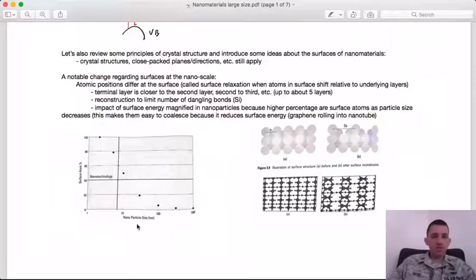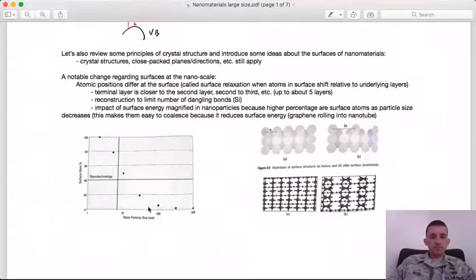In this chart, you have the diameter of the particle on the x-axis, and the percentage of atoms that are considered surface atoms. Remember, that can extend 5 layers below the terminal layer, the very outside layer of atoms.